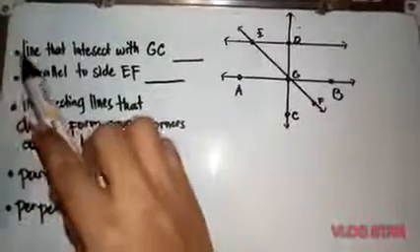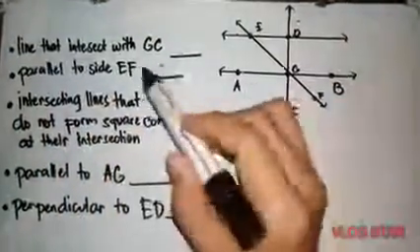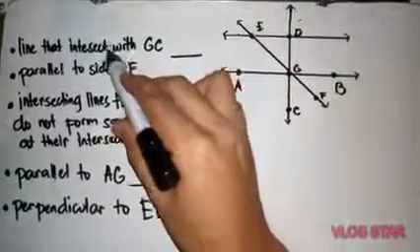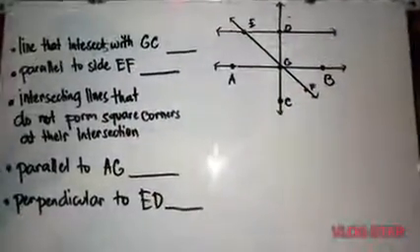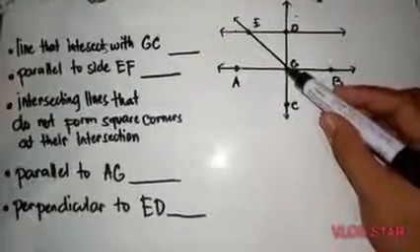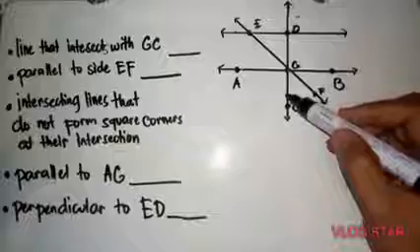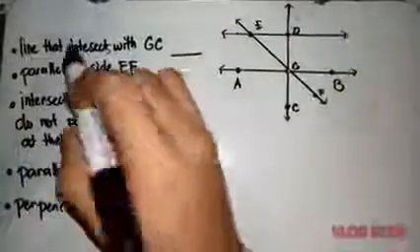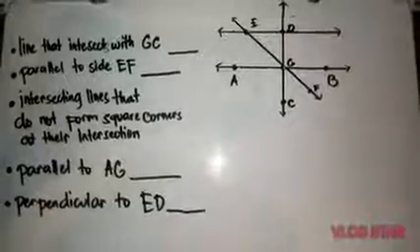So we have a figure here with a set of lines, and we have questions. The first question is: name a line that intersects with GC. So what is line GC? This is line GC. And the question is the line that intersects GC.